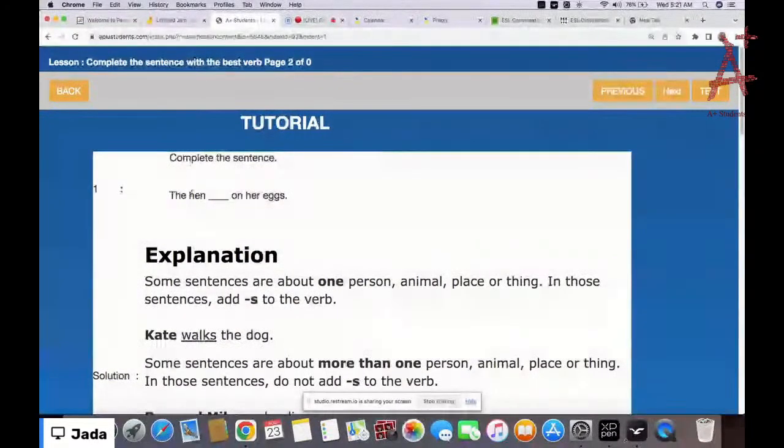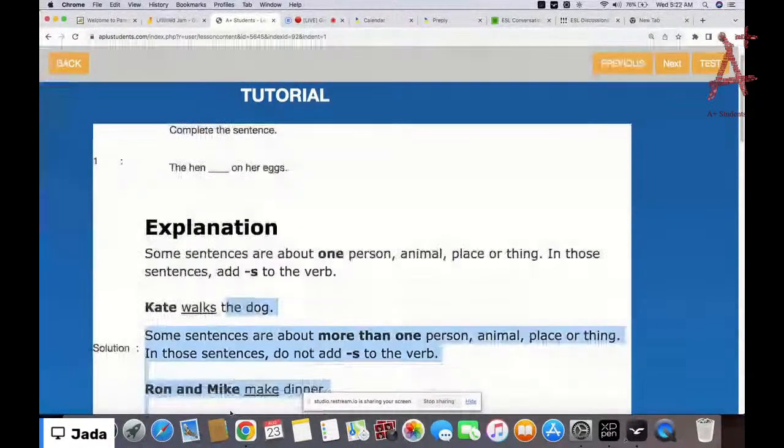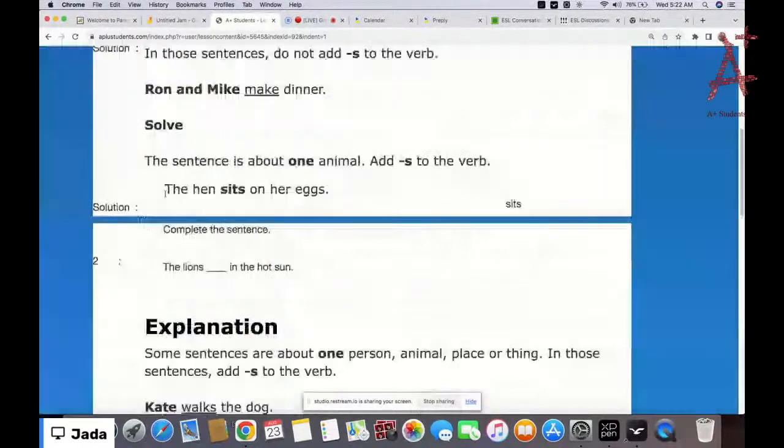So you see, hen is one. It doesn't say hens, just hen. So since it's singular, then the verb is going to be singular, but with an s. So it has the hen sits on her eggs. The hen sits on her eggs.